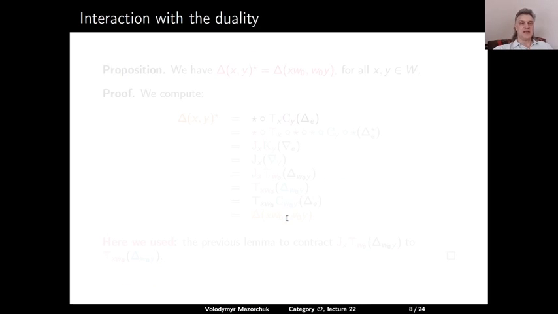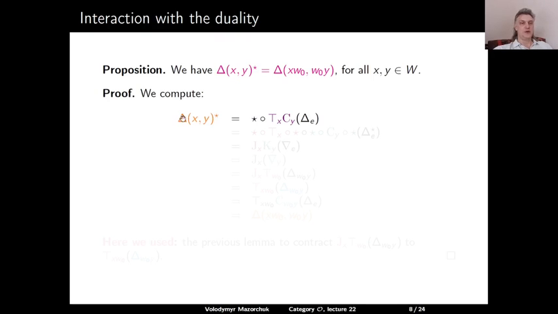So now, using this lemma, we can describe the interaction of twisted or shuffled Verma modules with the duality. The claim is that the dual of delta x,y is delta x w0, w0 y for all x and y in W. Proof. Let's compute the dual of delta x,y. So this is equal to, by the definition of delta x,y, delta e with y shuffled and then x twisted, and then we have the duality.